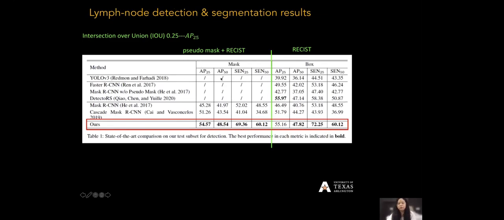We have two models. The first model is trained with the saddle mask and the bounding box generated by RECIST, and the second model is trained only with RECIST, for detection results. When we compare our results to all these models, we show that by using this multi-scale attention uncertainty, our model improves a lot compared to several state-of-the-art methods.